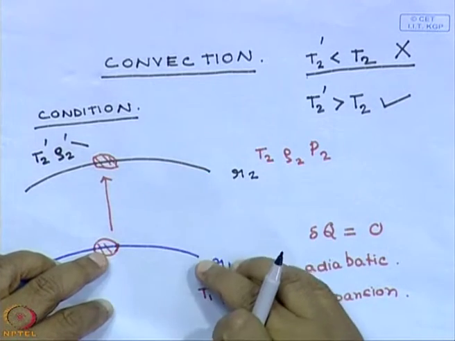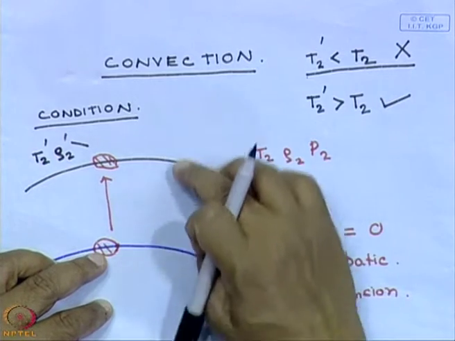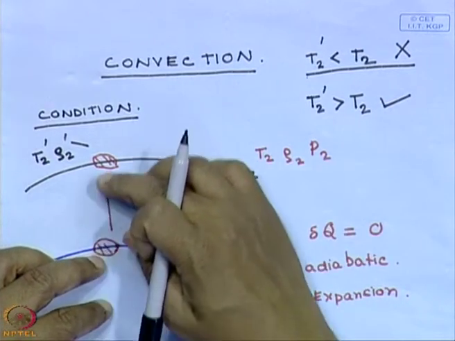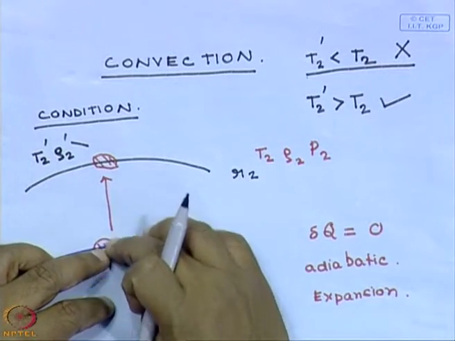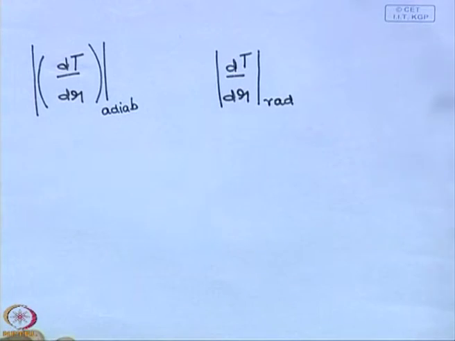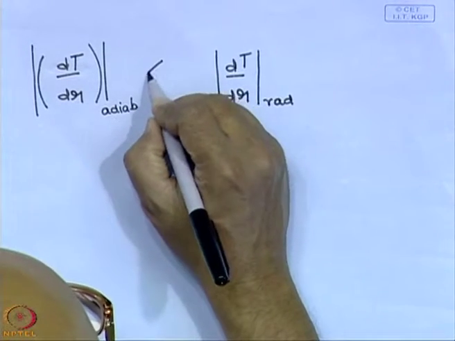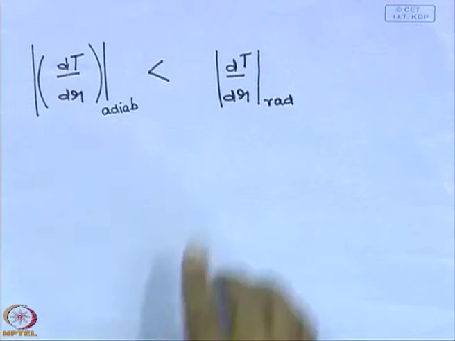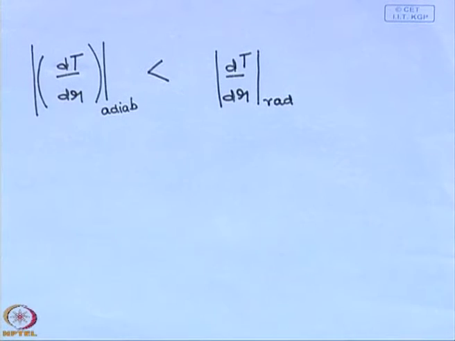And we want the surrounding temperature to fall more than the fall in the temperature of the bubble. Okay. So, the condition for convection is that this should be more than this.